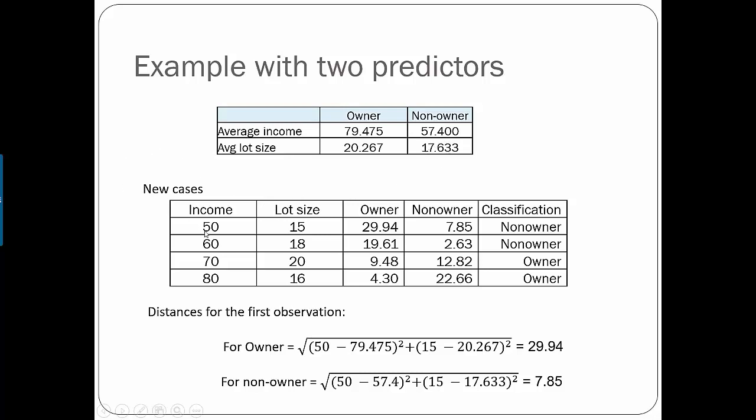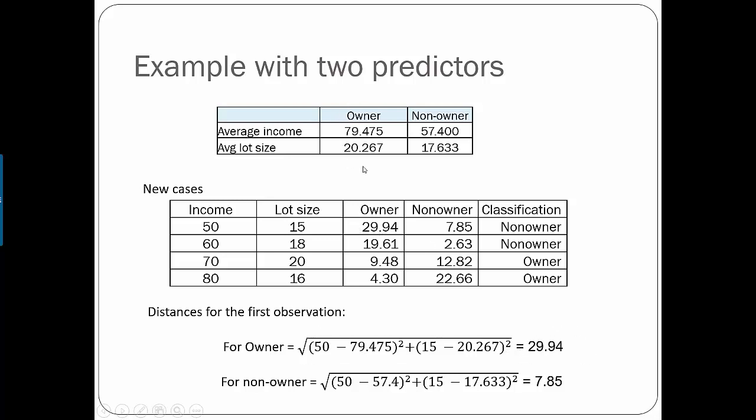So when a new observation comes in, okay, you have X sub 1 income of 50, X sub 2 is 15 lot size. So you find the distance: 50 minus 79.475, that's the difference between these two, square that, and then the lot size, again subtract the average, square that, then add the two squares and take a square root, and you get the distance.